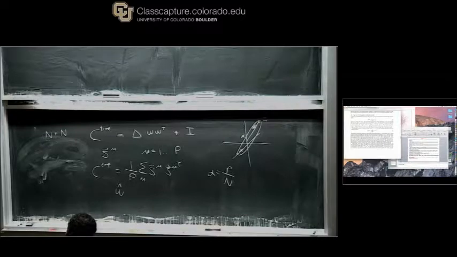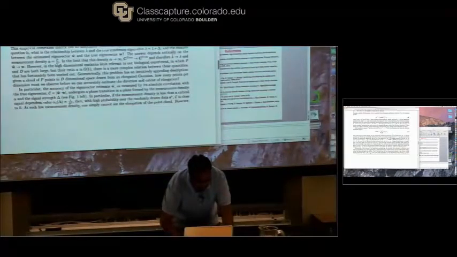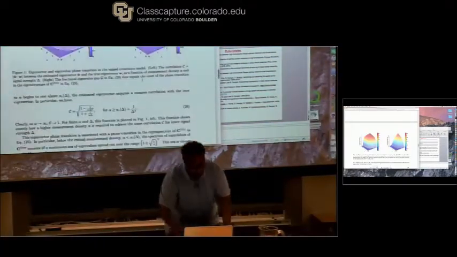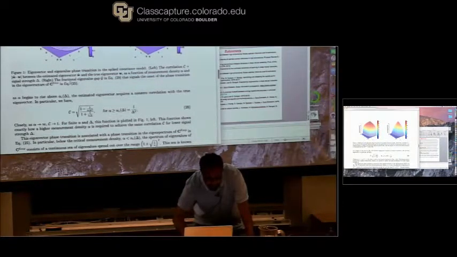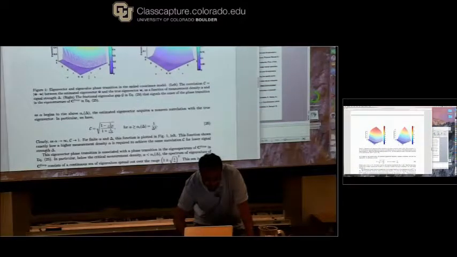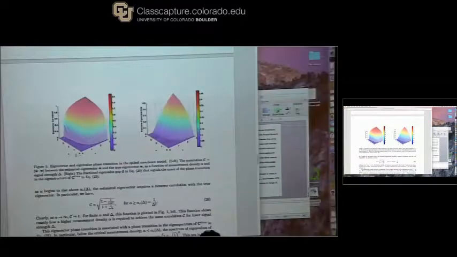I didn't have a slide prepared for this. I'm pulling this off some notes that I made. Here's the phase transition right here. On the left is the correlation between W hat and W. If you look at these axes, this is the signal axis, and this is the ratio of the number of trials to number of neurons.